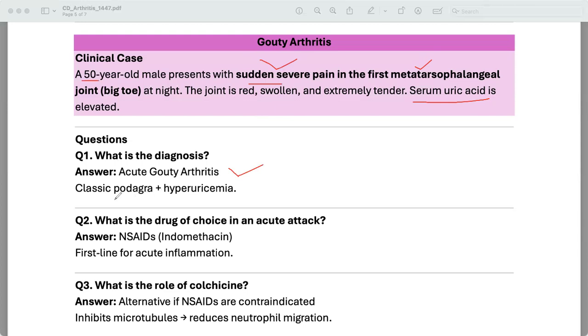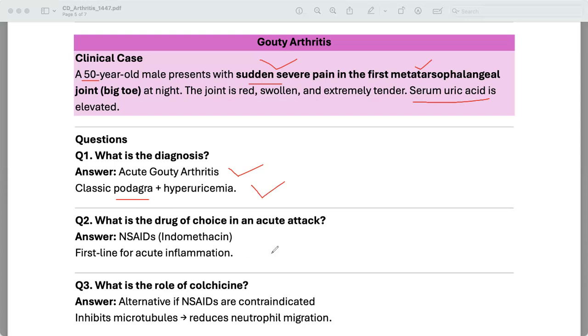So this is the classic podagra. What is podagra? When there is severe pain, sudden severe pain in the big toe, this is podagra, with the red, swollen, and extremely tender joint, and hyperuricemia. So the case is obviously Gouty arthritis.